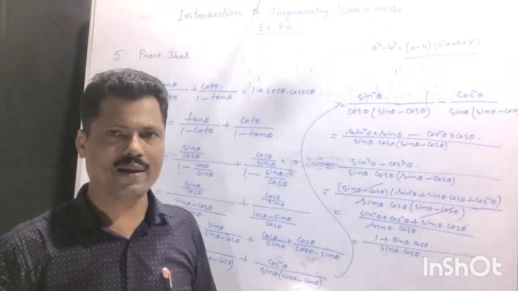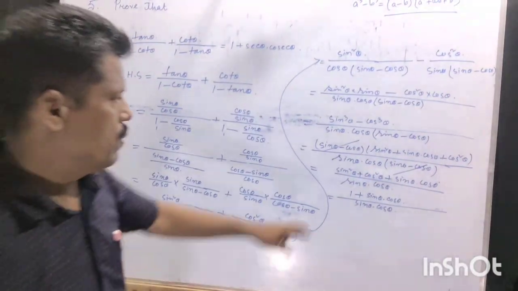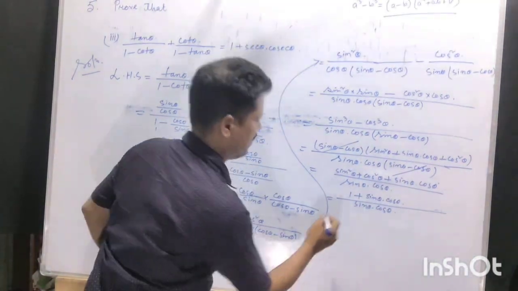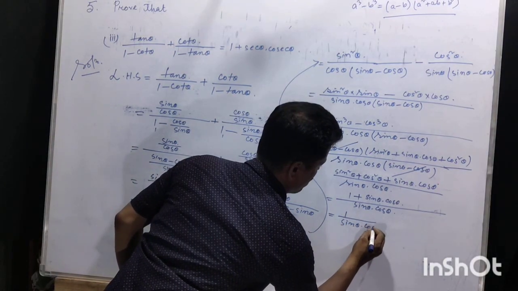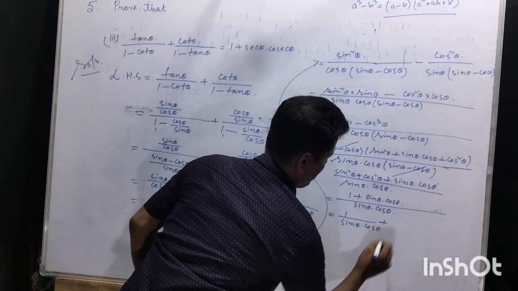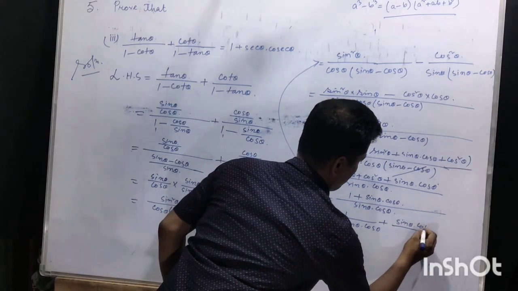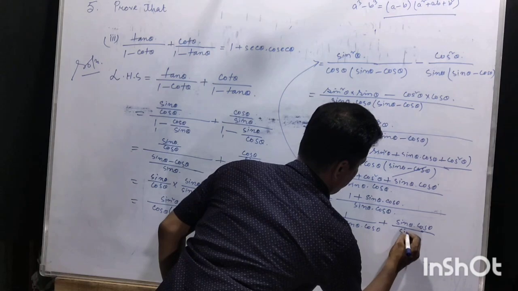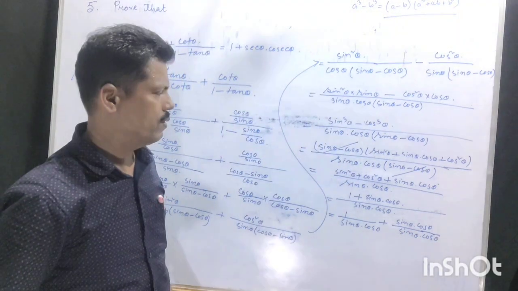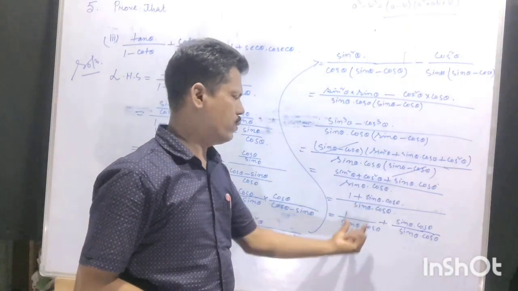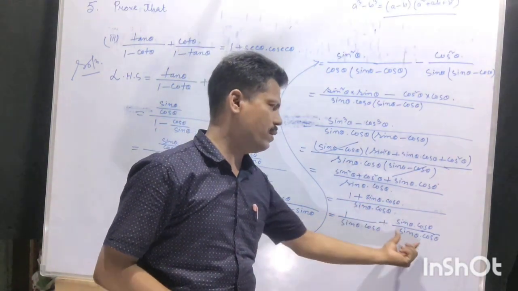So this part we can write this way: 1 by sin theta into cos theta, plus sin theta into cos theta by sin theta into cos theta. We just write it separately. So 1 by sin theta into cos theta, plus sin theta into cos theta by sin theta into cos theta.